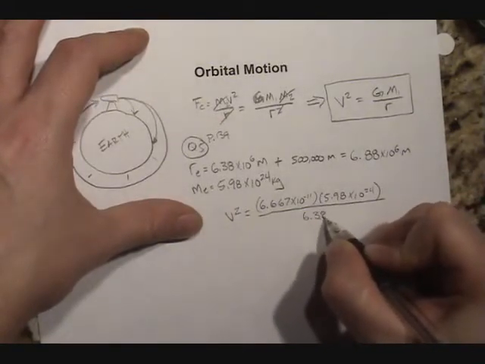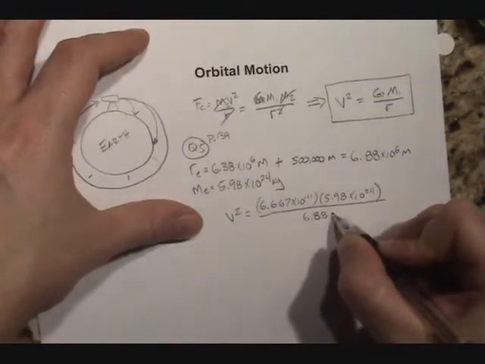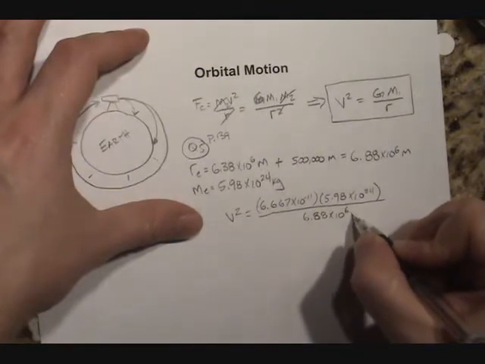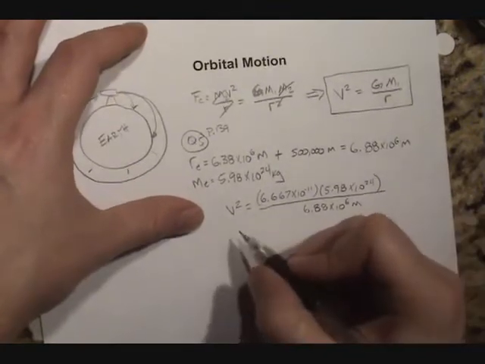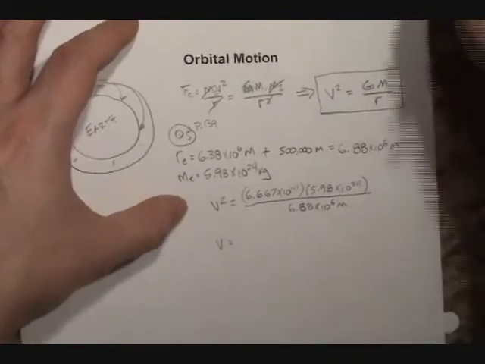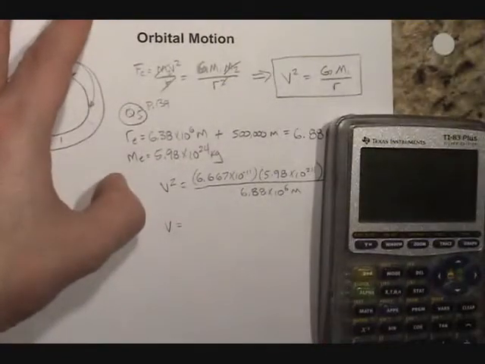This is 6.88 times 10 to the 6th meters. And so we end up with a velocity of, times 5.98 to the 24th divided by 6.88 to the 6th.